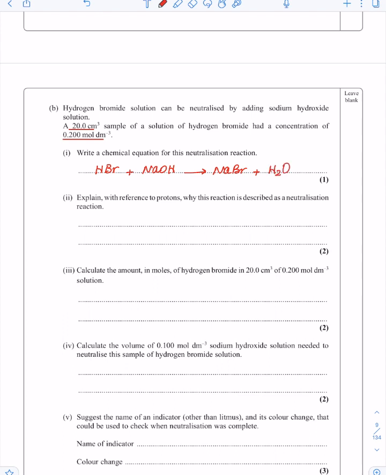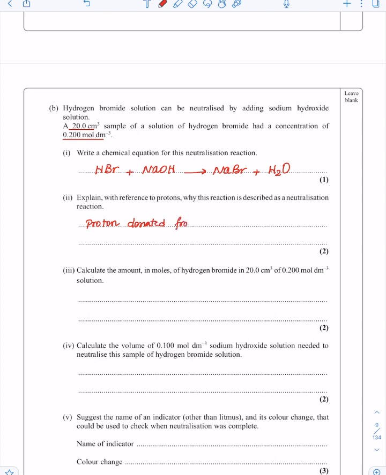Part ii. Explain with reference to protons why this reaction is described as a neutralization reaction. A proton is donated from the acid, which is hydrogen bromide solution, the hydrobromic acid.